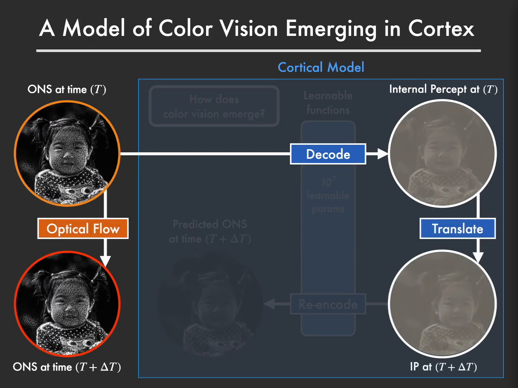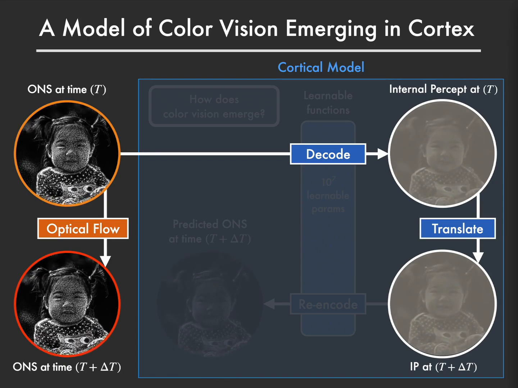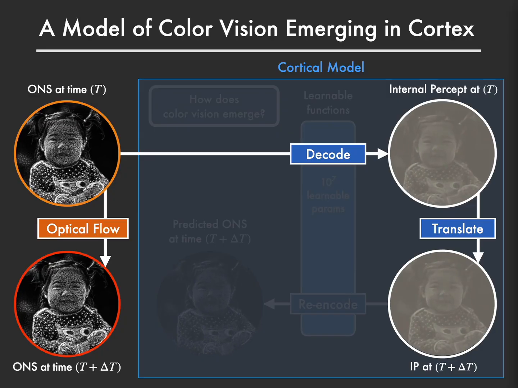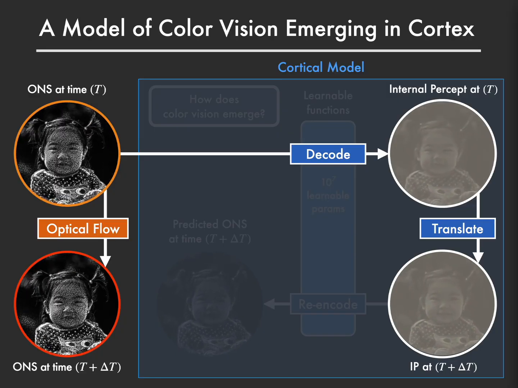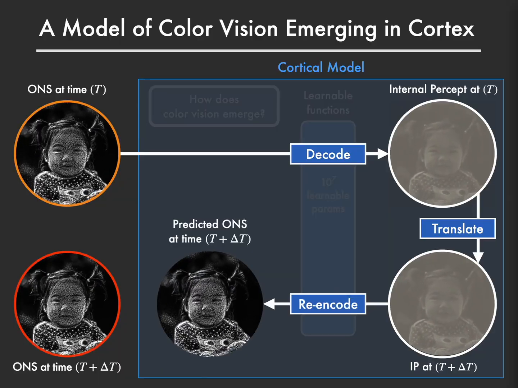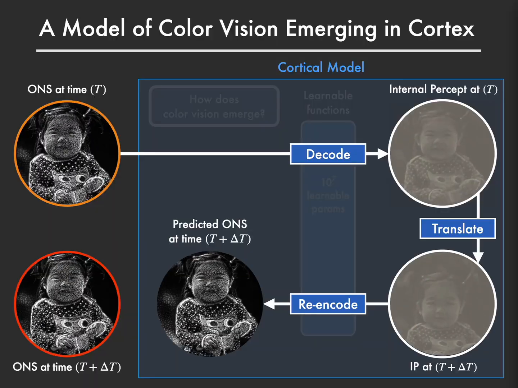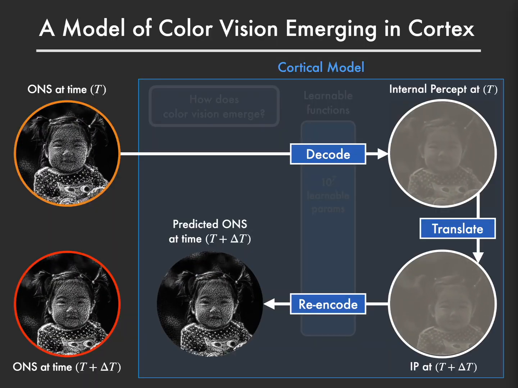Next, we model the cortex translating that percept at time t according to the analysis of the optical flow in the incoming optic nerve stream. Then, these learnable functions for decoding are invertible so that we can re-encode this translated color percept back into the space of optic nerve signals.